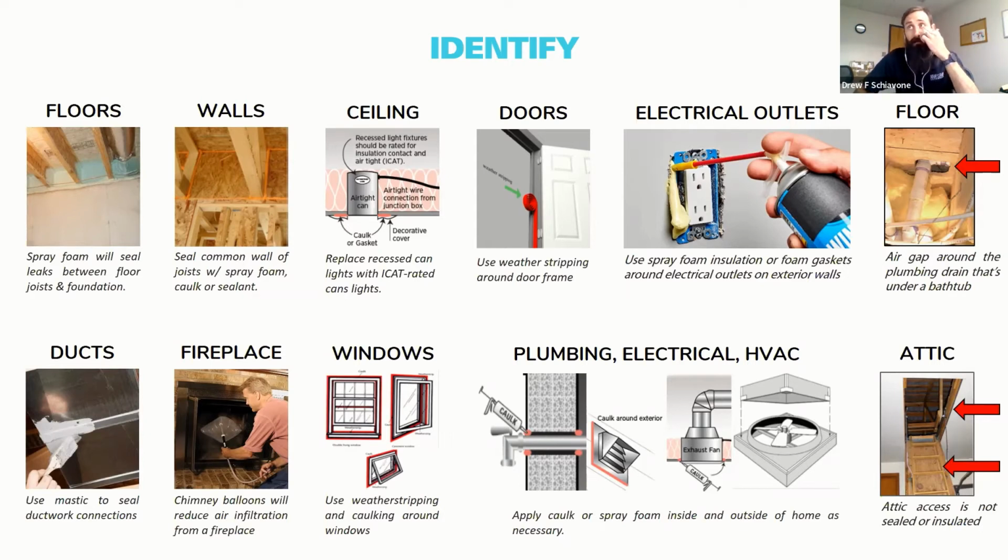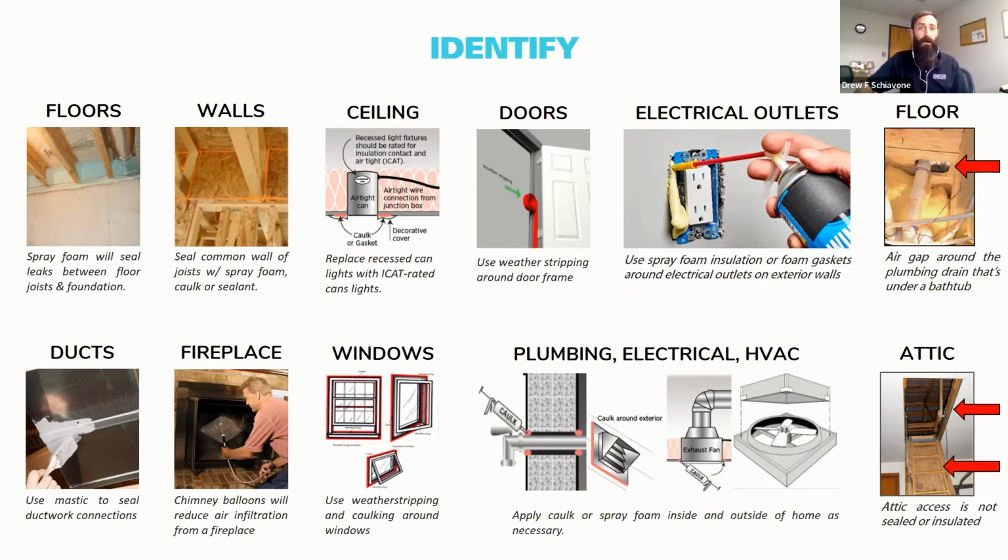What IC-AT is, it's insulation contact and airtight. And so those IC-AT rated fixtures give you the benefit of they're airtight, so there's no holes in them. You're not losing air through air leakage, but then the insulation part of it also allows you to put insulation right up adjacent to it. And so we'll talk about insulation a little later this afternoon.